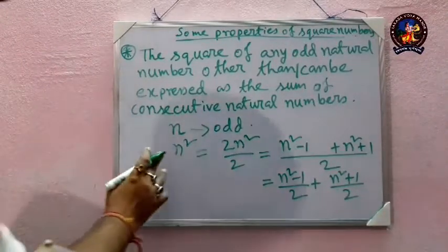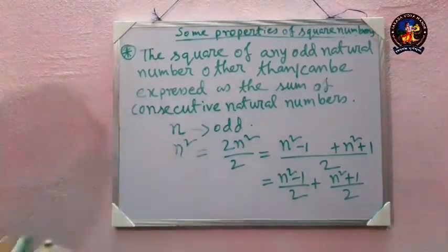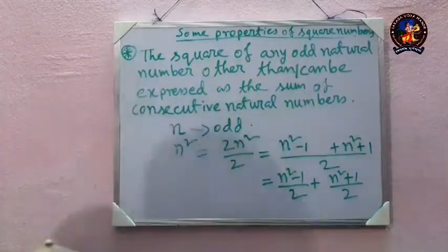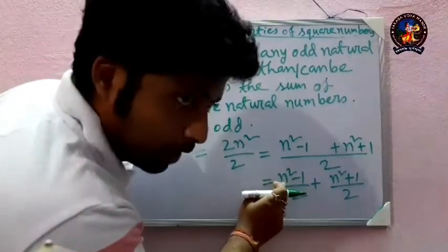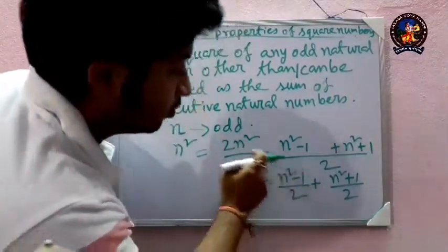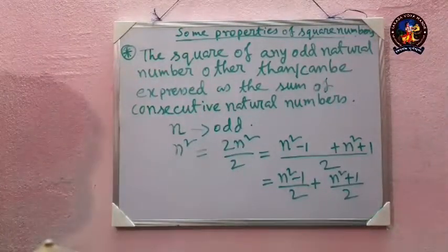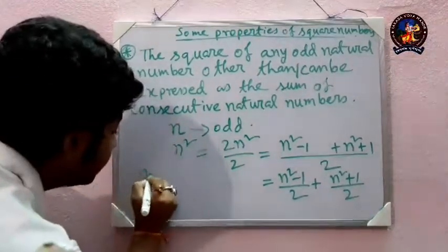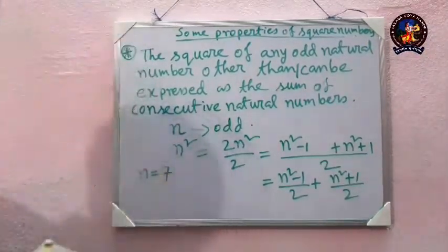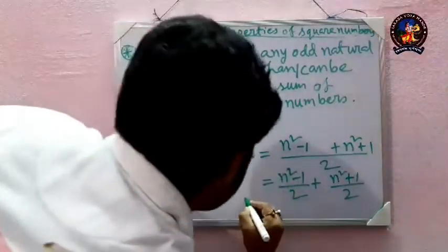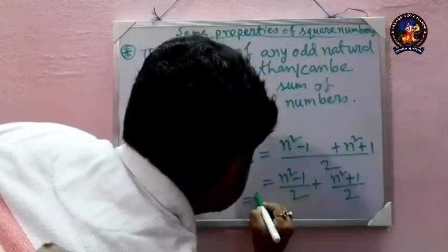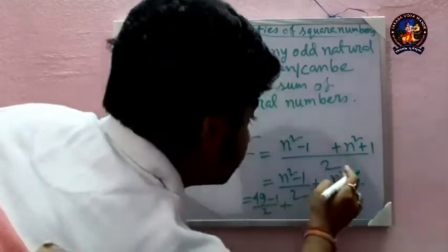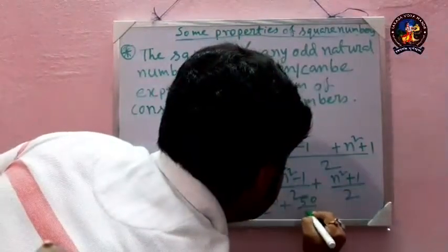Now put any value of n other than 1. I have mentioned other than 1. Why? Because if I put here the value of n as 1, then it becomes 0. So I cannot put 1 here. Let's take n equals 7. It becomes 7 square, that is 49 minus 1, by 2, plus 7 square, 49 plus 1, that is 50, by 2.